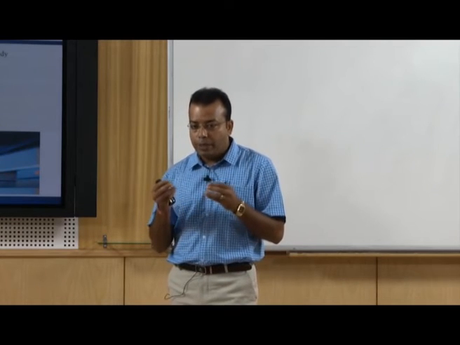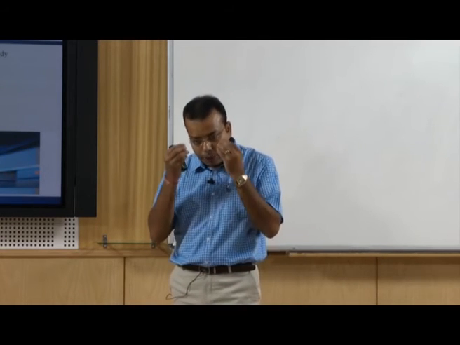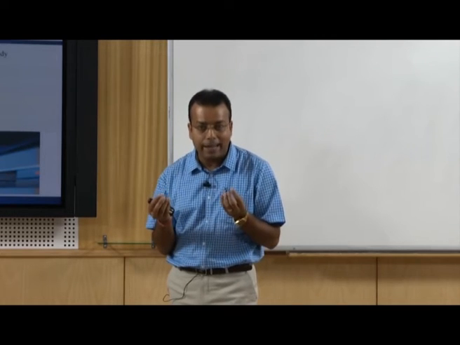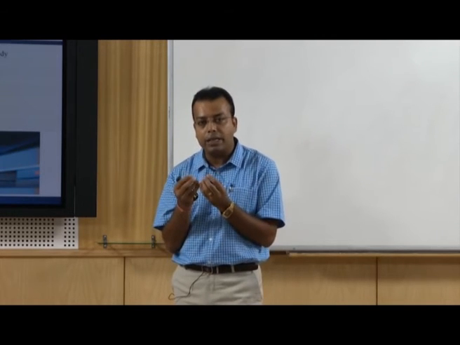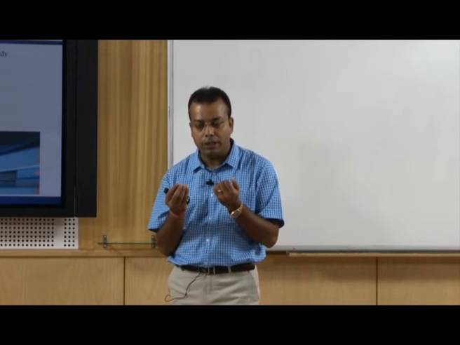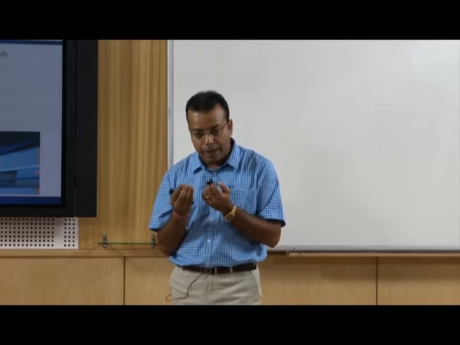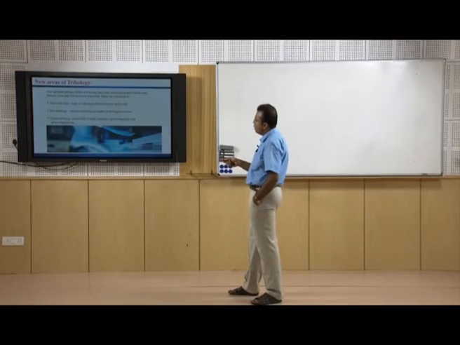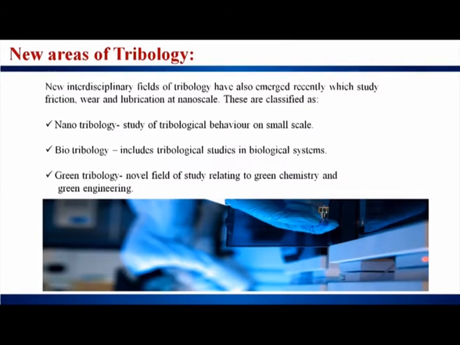Actually, nanomaterials are very small, we can't see them with the naked eye, but when they interact with each other, they generate certain kinds of friction between them. They also create some kind of tribological aspects. First one is nanotribology, a study of tribological behavior at the small scale or nanoscale.